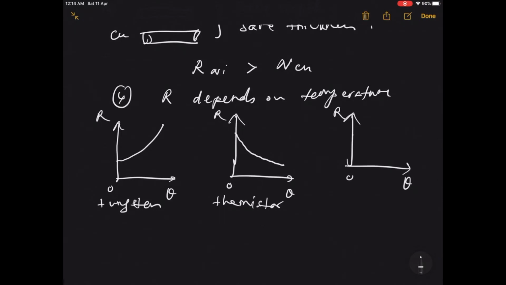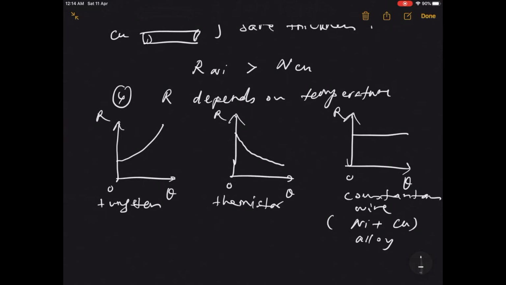But constantan wire, it will be constant. It's an alloy, okay? I think it should be nickel plus copper. It's a nickel plus copper alloy, where you see that resistance is constant.